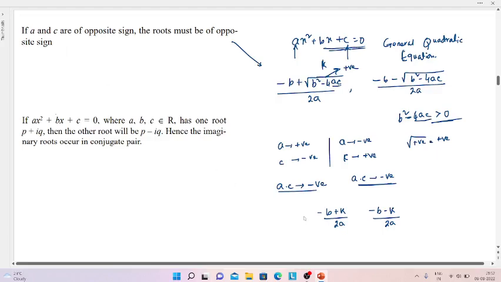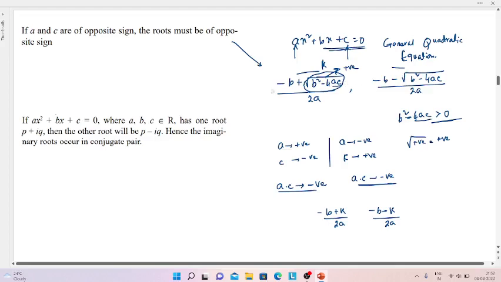Here you can see that the roots are of opposite sign, because that part is a positive quantity. If that part is a positive quantity, then definitely these are distinct roots, obviously distinct, and they are of opposite sign.